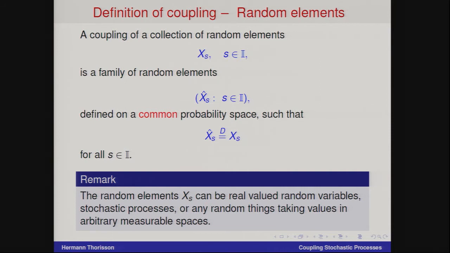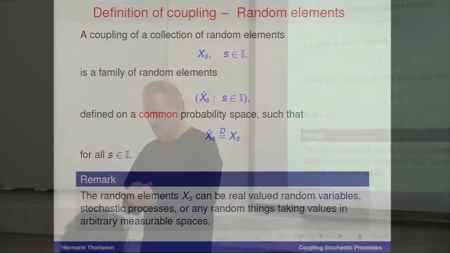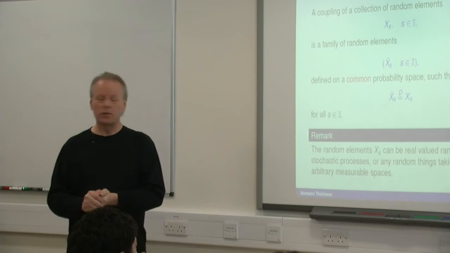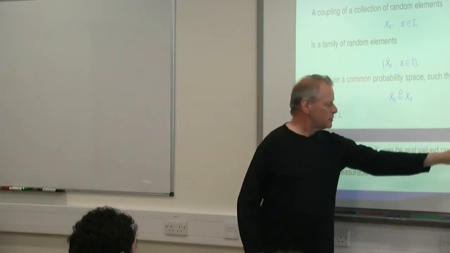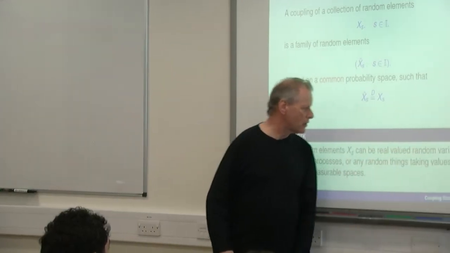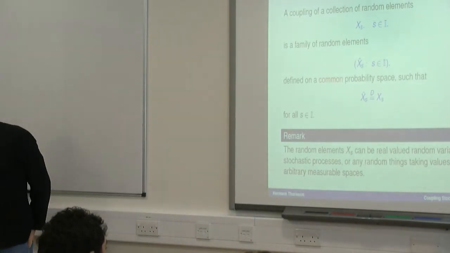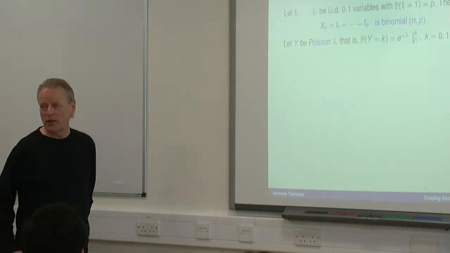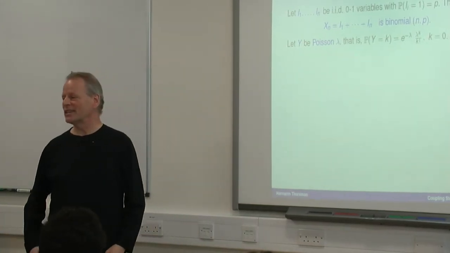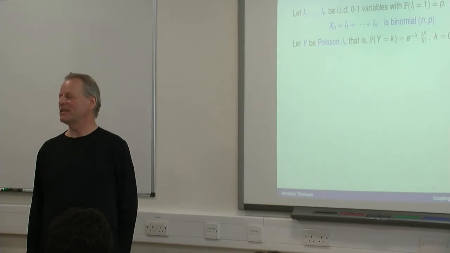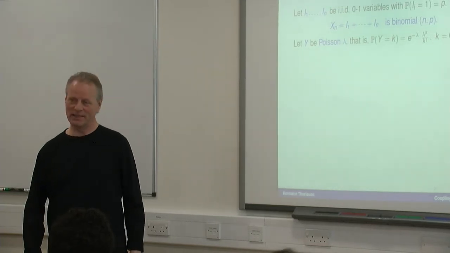Now, the random elements here can be real-valued random variables, they can be stochastic processes, or any random things taking values in arbitrary measurable spaces. I am now going to go to this case here, random variables on the line. The first example is the Poisson approximation. So I'm starting at the level of an elementary introductory book on probability.